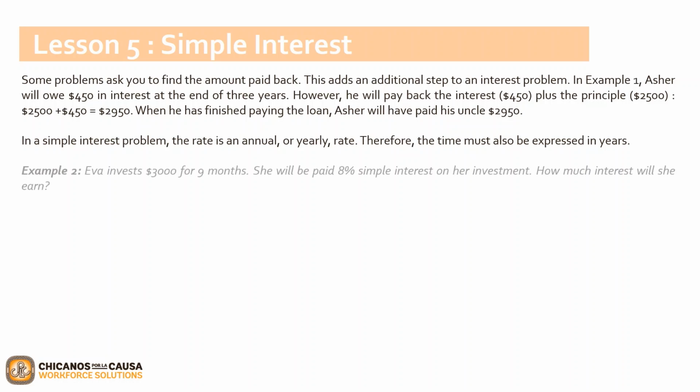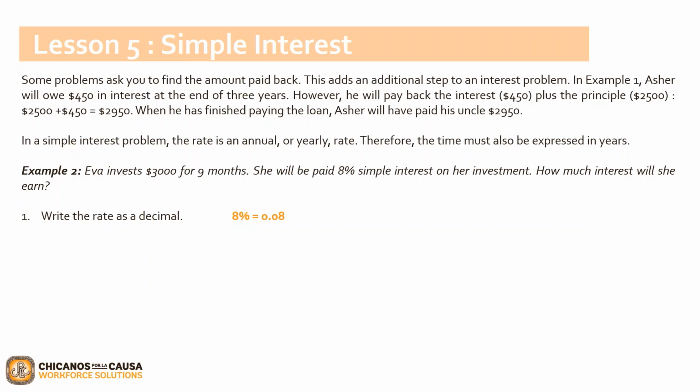Example 2 says, Eva invests $3,000 for 9 months. She'll be paid 8% simple interest on her investment. How much interest will she earn? To solve example 2, we first must write the rate as a decimal. So 8% equals 0.08.